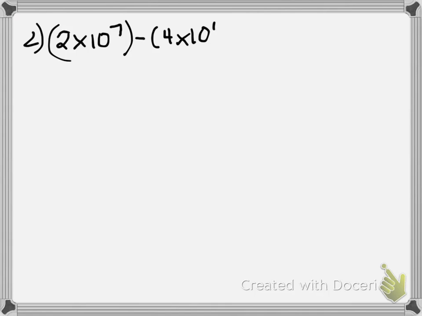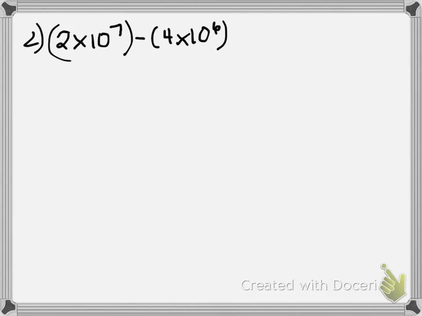Okay, next problem. Let's do 2 times 10 to the 7th power. And I want to subtract from that 4 times 10 to the 6th power. So do my exponents match?